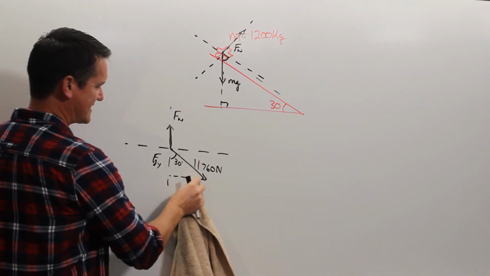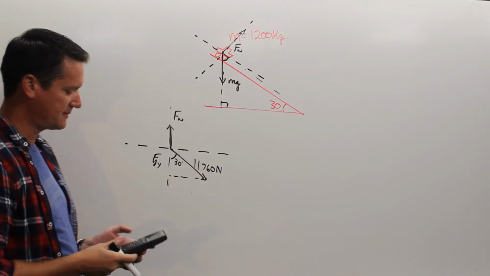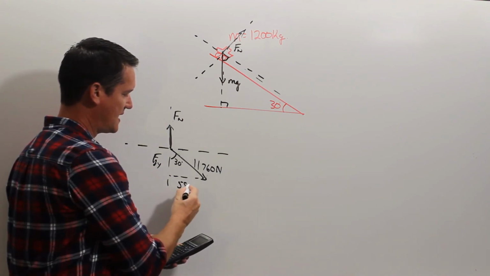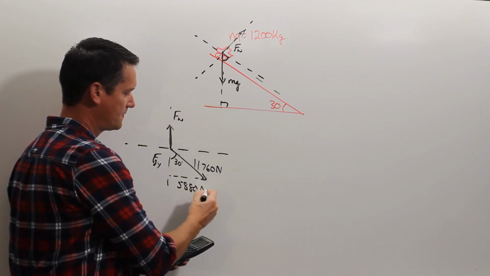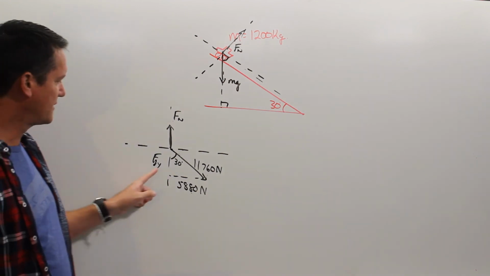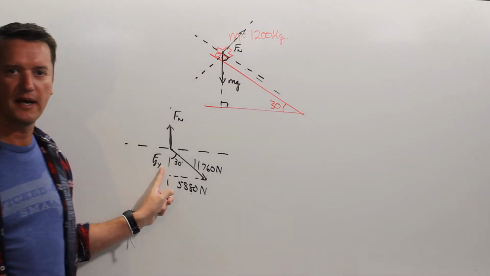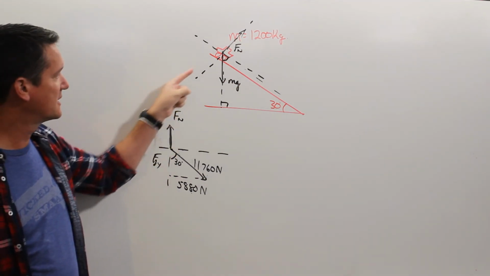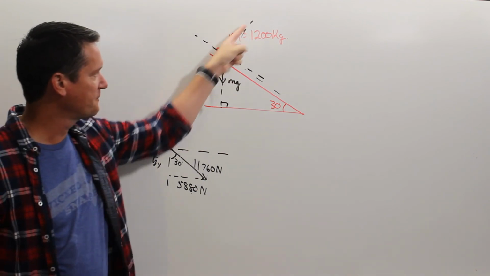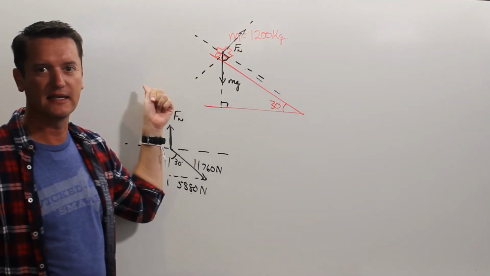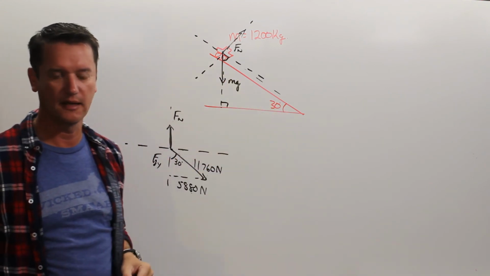So we do the sine of 30 times that, and we get 5880 newtons pulling it down that way. I could do the trig to find the force of gravity in the y direction, but I don't really care right now because it's going to cancel with the normal force, because the car is not moving in this direction. It's not moving off of the inclined plane or into the inclined plane. It's moving along the inclined plane.